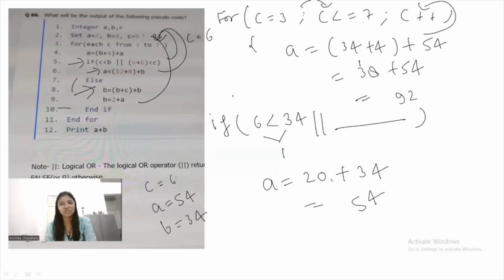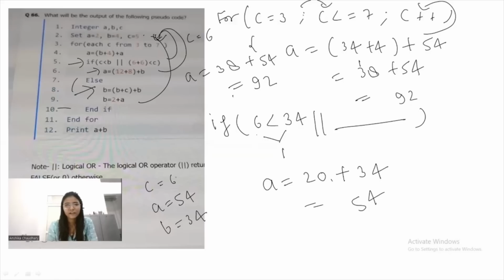7 is less than equals to 7. So the condition is again true. It will again change the value. So A value will become B plus 4. So B value was 34 only. 34 plus 4 will become 38 plus A. A value was 54. So it will become again 92 only, and the same procedure will come here.